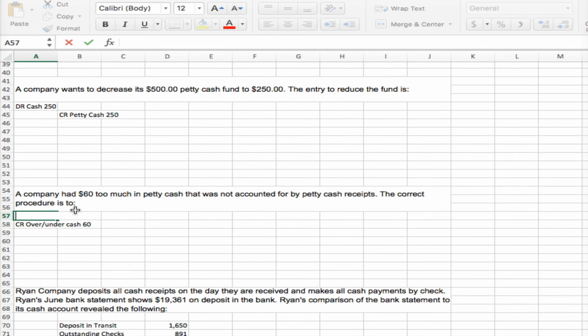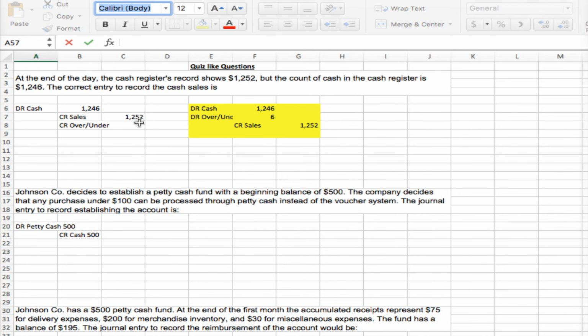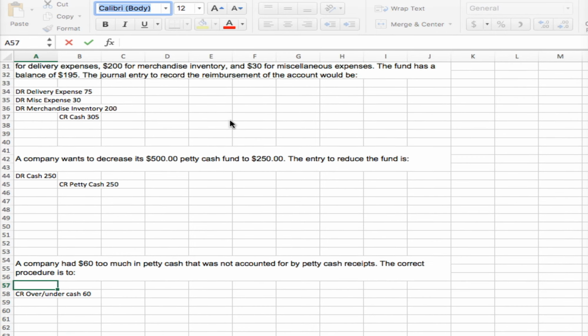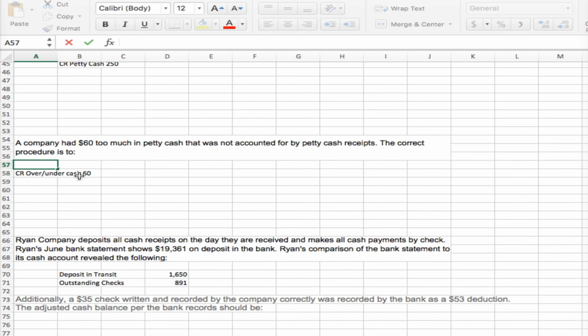And to determine that, you just look up here and decide which of these two scenarios you're in. Too much cash here, not enough cash here, and that will tell you whether it's either a credit on this side or a debit on this side, and what the amount is here.